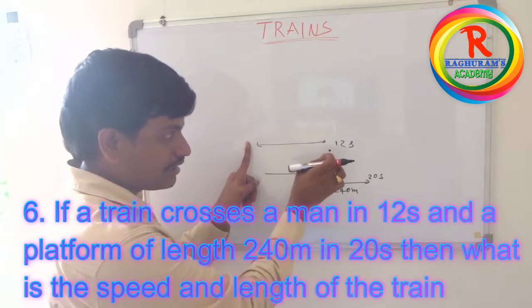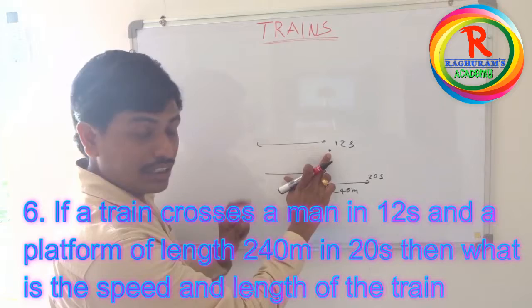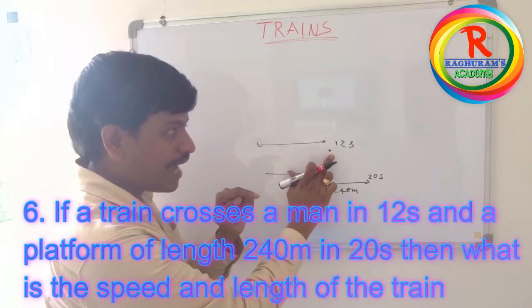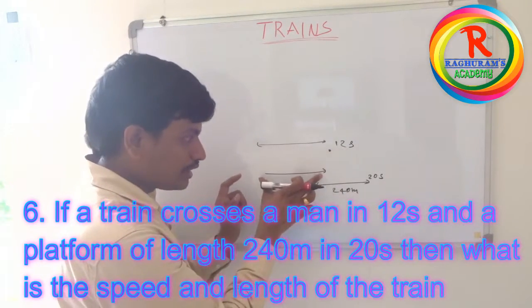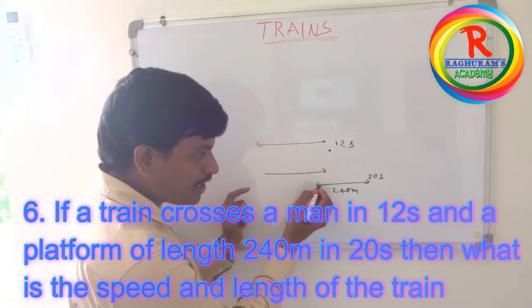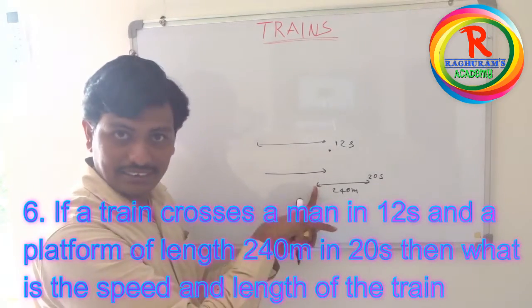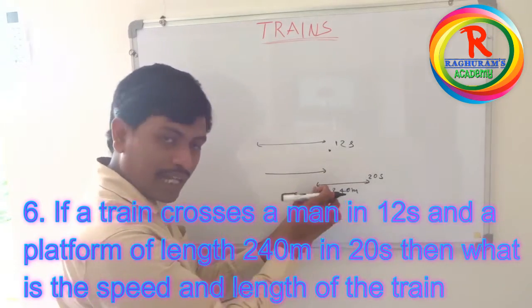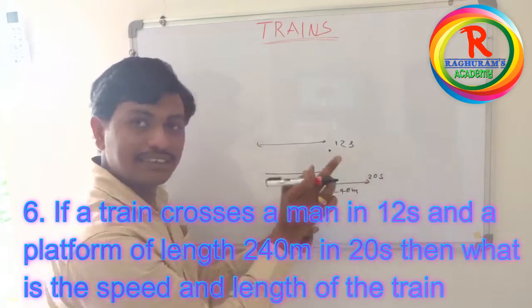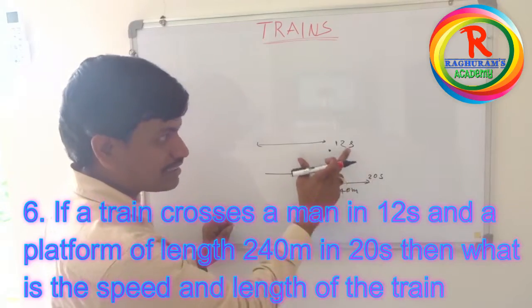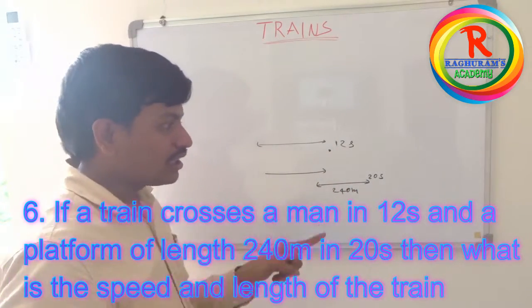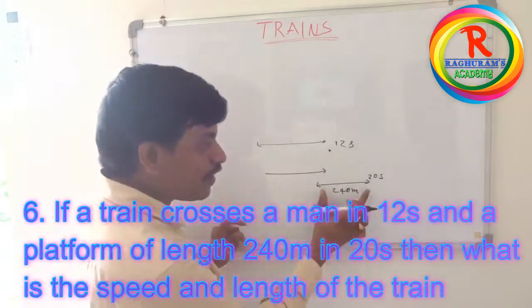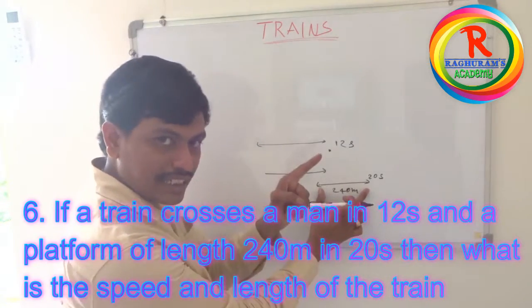The train can cross a single point, that is a man, in 12 seconds. So the train can cross the starting point of the platform in 12 seconds and the total in 20 seconds. So the remaining length, it can cross in 8 seconds, because 20 minus 12. So it can cross the platform, that is 240 meters length, in 8 seconds.